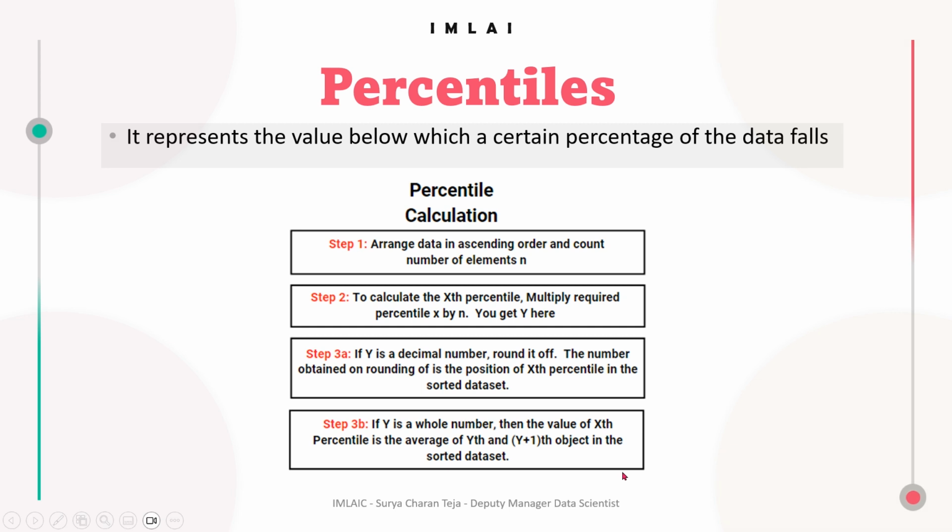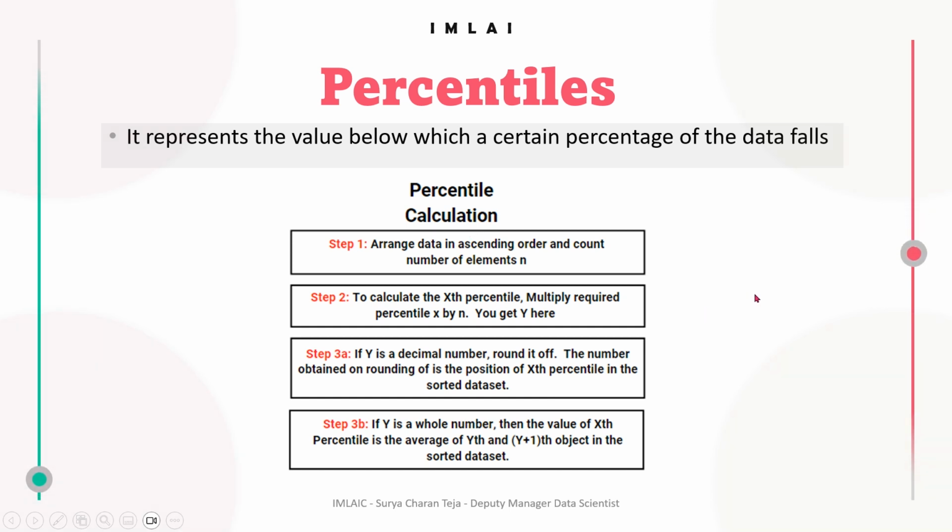If y is a decimal number, round it off. The number obtained on rounding off is the position of the xth percentile in the sorted data set. If y is a whole number, then the value of the xth percentile is the average of the yth and (y plus 1)th objects in the sorted data set. This is how we manually calculate the percentile.